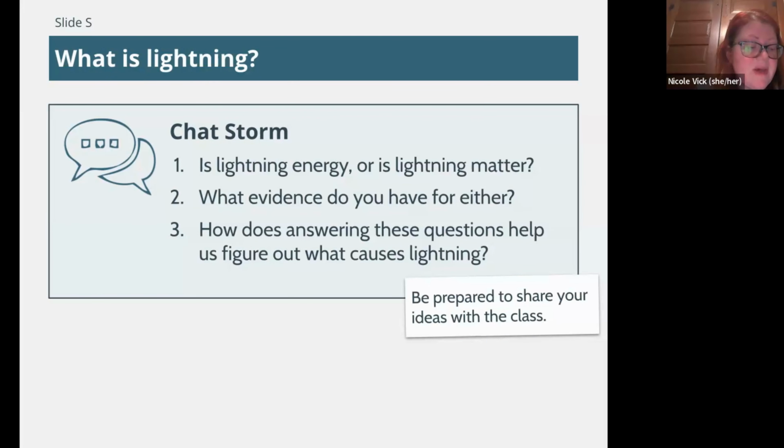So let's just think about this. Some of you have talked about lightning being electricity and there being changes. So is lightning energy or matter? What evidence do you have to support either one of your ideas?